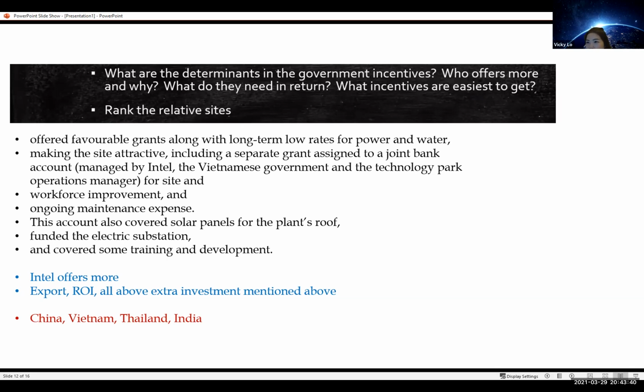These also cover solar panels for the plant's roof, which is also very important for Intel operations. Founded. So the question is, why does the government offer these incentives?